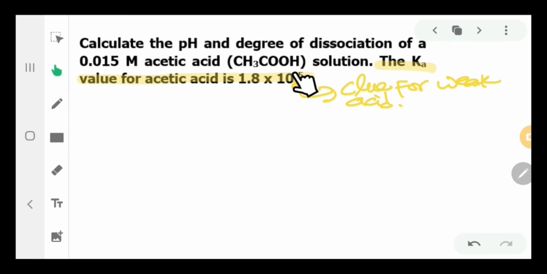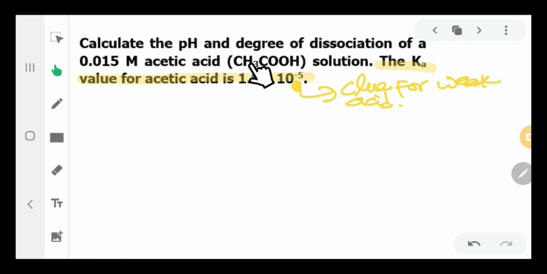Okay, so you cannot just use pH equals negative log of the concentration of H plus to find the pH that we want to find over here. I know it's very tempting for you to do that because the concentration of the acid is given and they want you to find pH. And the question doesn't say explicitly that this is a weak acid.